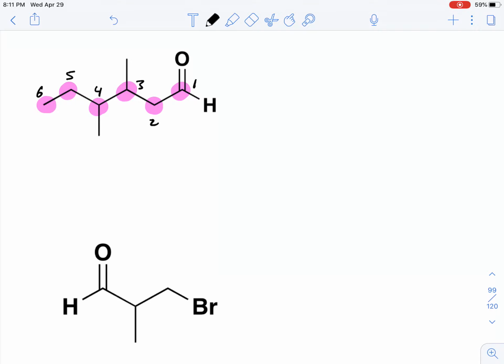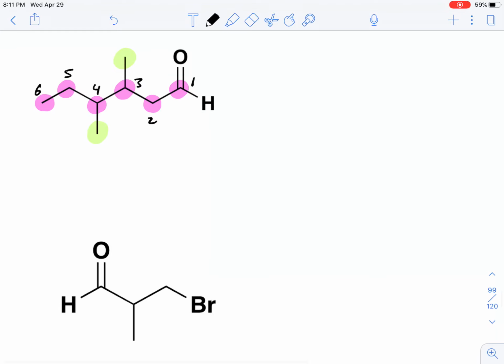And so it looks like I have 2 substituents here. Since I have a 6 carbon chain, I know that I'm going to end this with hexane. Since they're all single bonds, I'm just going to write hexanal. I'm going to omit putting the number 1 to describe the position of the aldehyde.